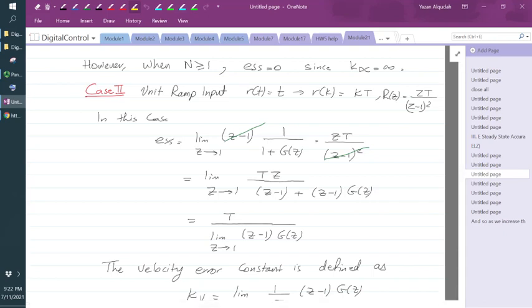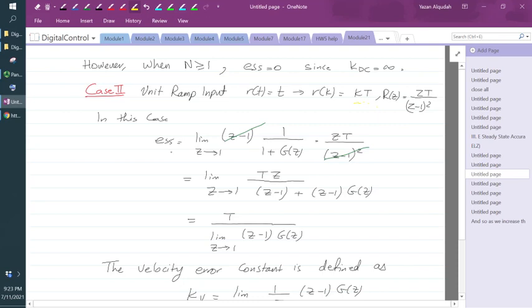Okay. Now the second input we're going to look at is what happens when we have a unit ramp input. In this case, r of t is equal to t, r of k is equal to k multiplied by T, and therefore r of z is z multiplied by T over z minus 1 squared.